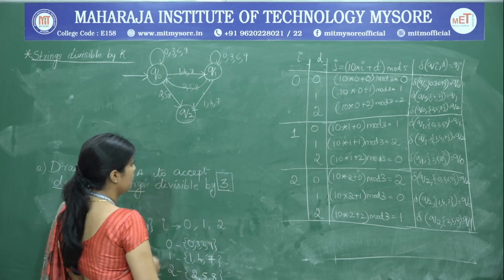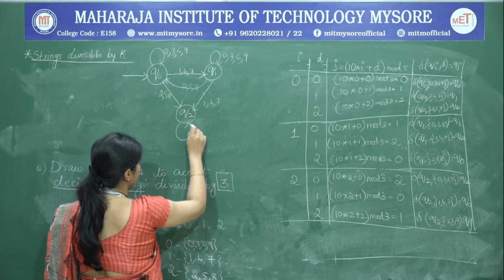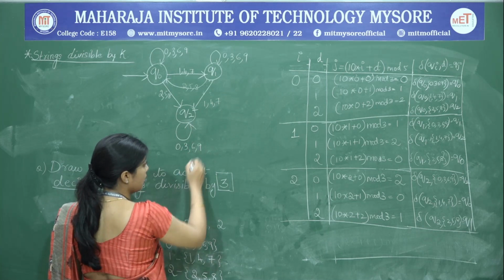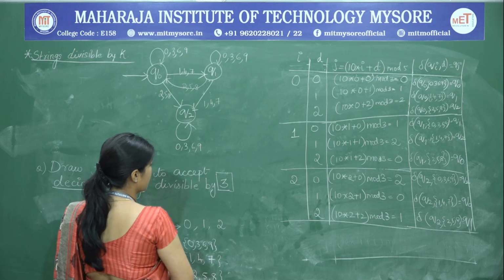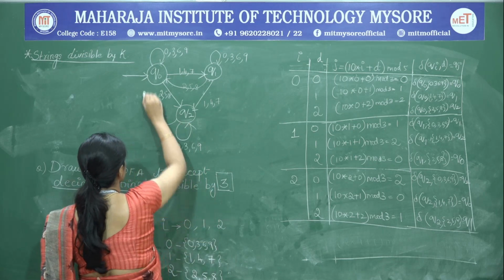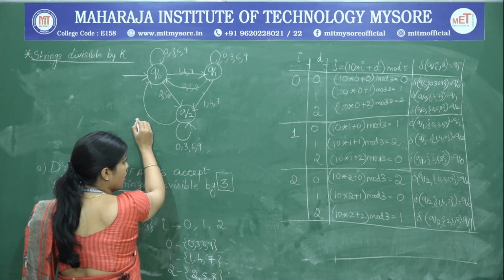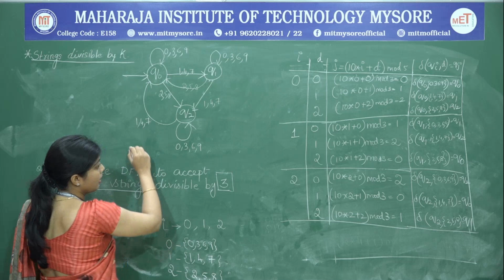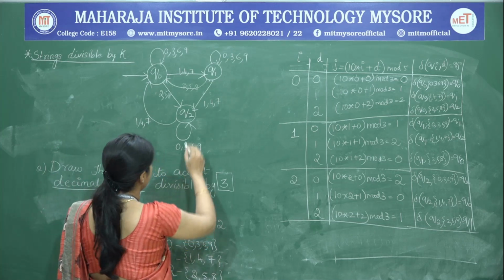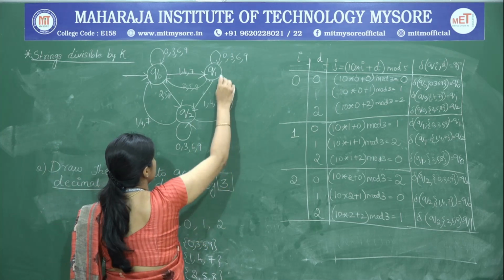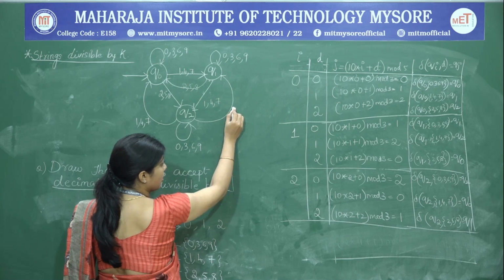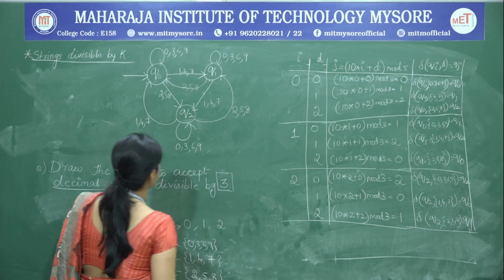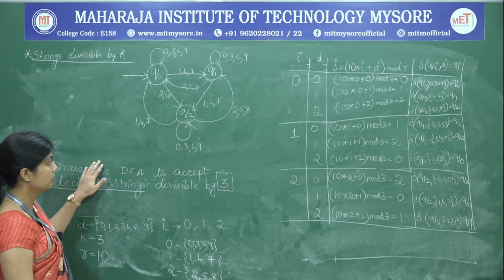Next again from q2, q2 to q2 we have 0, 3, 6, 9. Next we have q2 to q0 on 1, 4, 7. Next we have q2 back to q1 on 2, 5 and 8. So, this is the transition diagram.